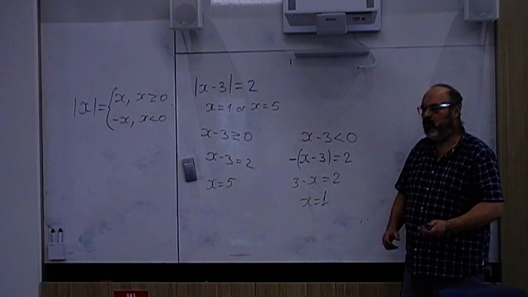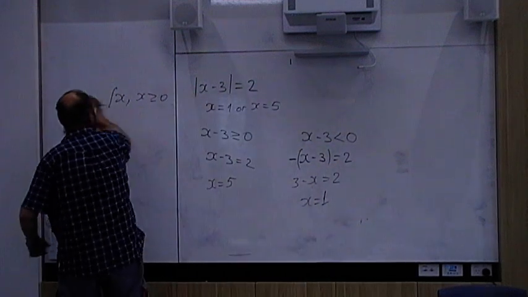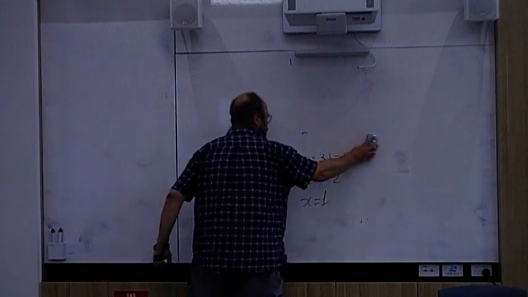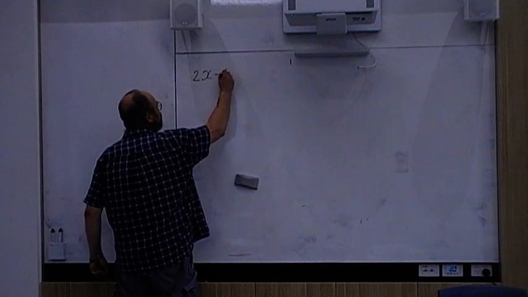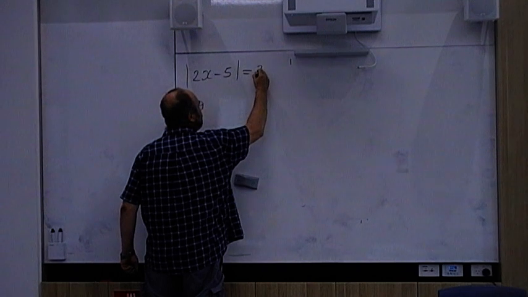Now, solving a more difficult question. If we need to solve, let's say, modulus of 2x minus 5 equals 3.